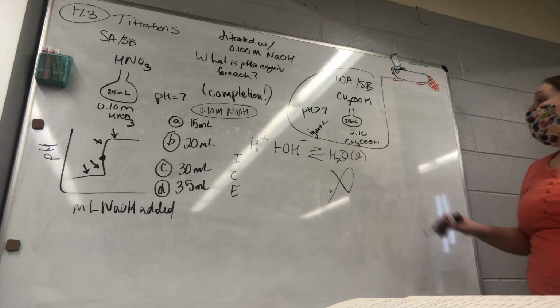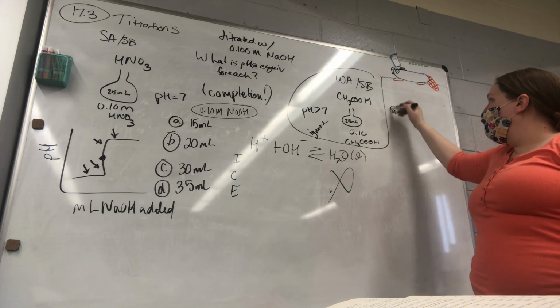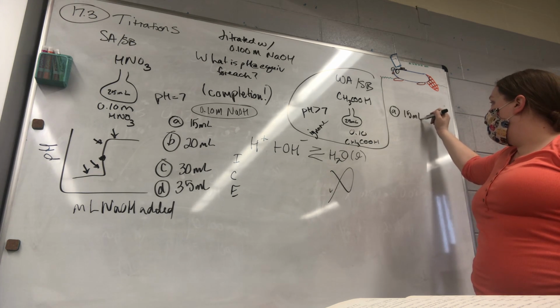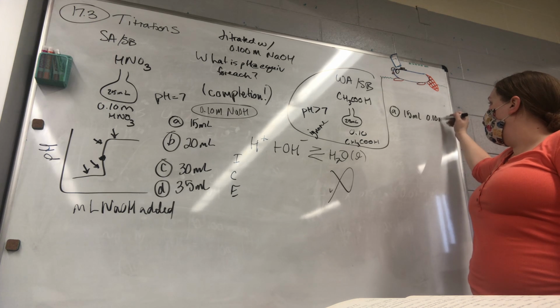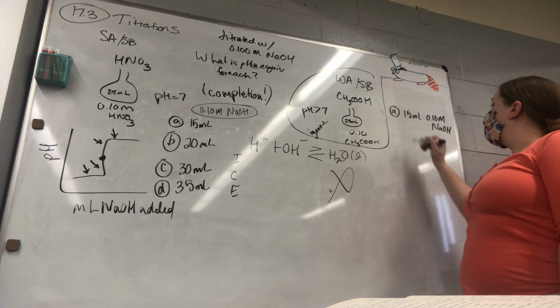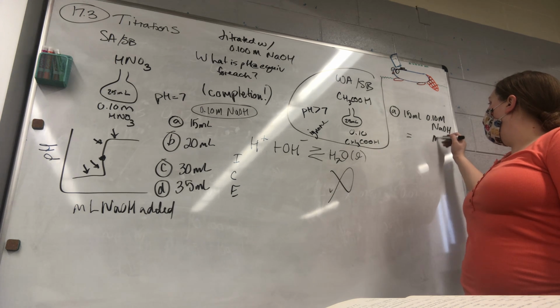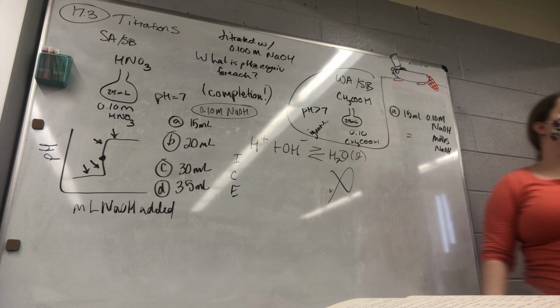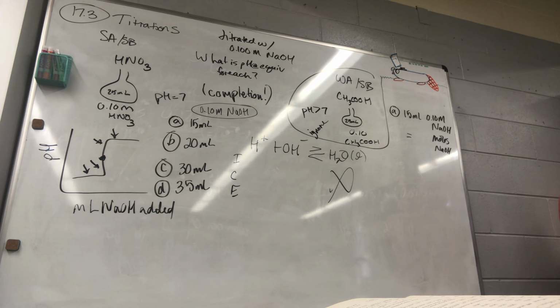Okay? All right, in part A, 15 milliliters of 0.10 molar NaOH gives us how many moles of NaOH? How do you do that calculation?